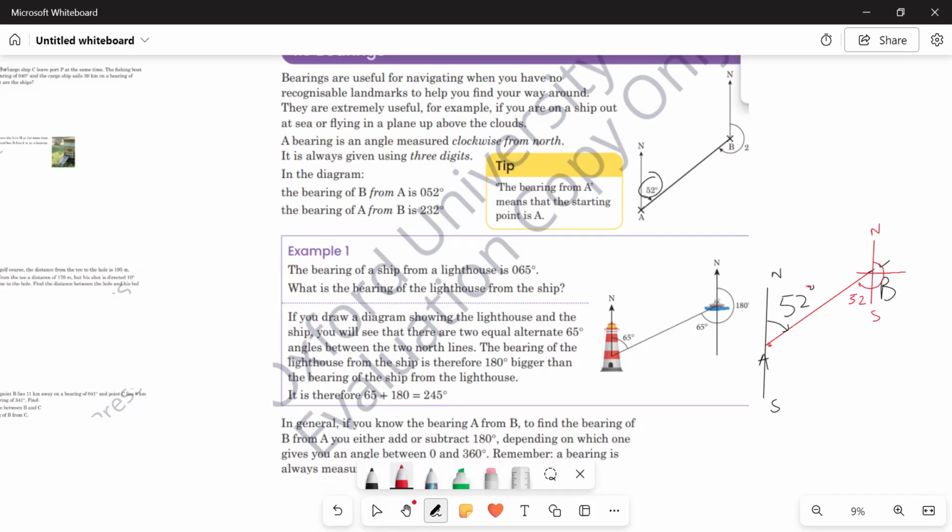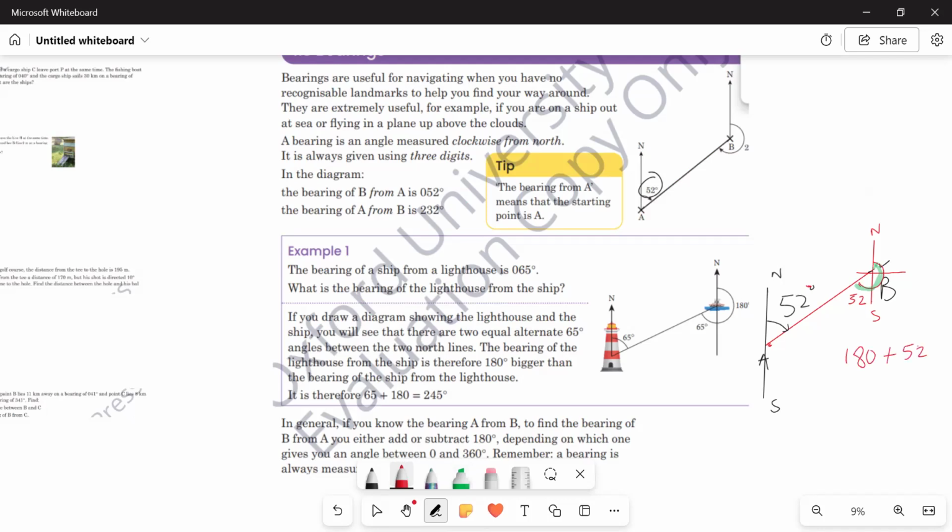Then if we complete the round, this becomes 180, a straight angle on a straight line, and also 52, that is 180 plus 52.